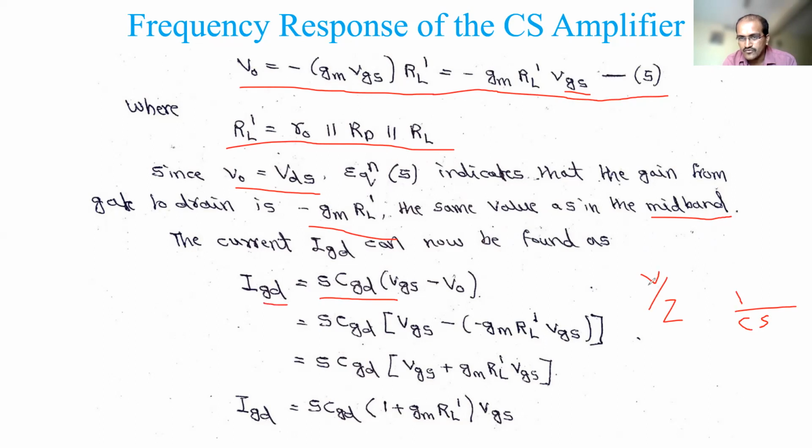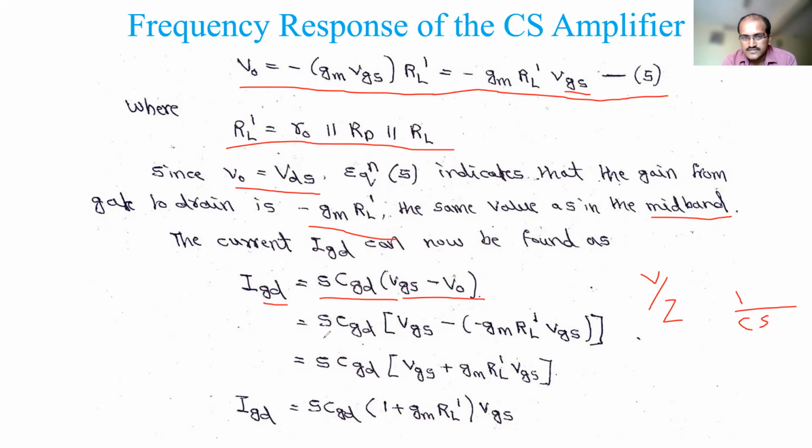For IGD, V is nothing but VGS minus V naught, because the capacitance is present between input and output. That's why VGS minus V naught. VGS minus V naught divided by 1 by CS, and because of the division by 1 by CS, it will come in the numerator: S into CGD, VGS minus V naught.